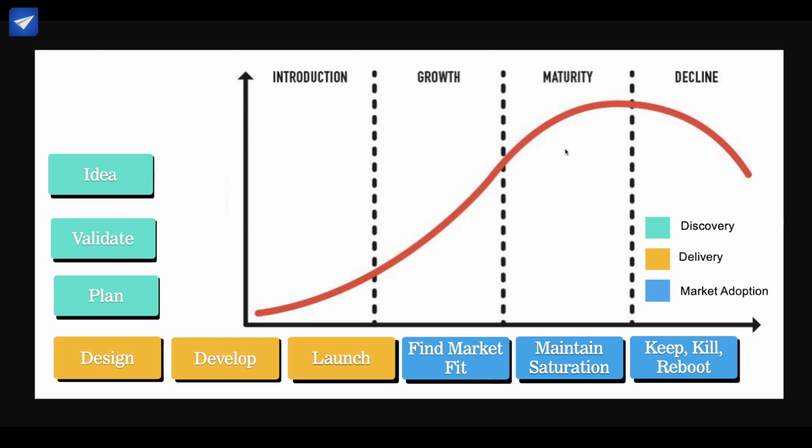If you cannot sustain, you go to the decline phase. You need to adapt to the market, and even in the decline phase you need to take various actions, whether you want to keep the product, kill the product, relaunch it, or reinvent the wheel.